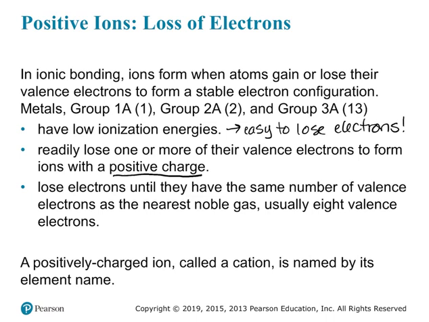Now, some metals can actually lose more than one electron, so we'll talk about that later as well. Now, metals are going to lose enough electrons in order to have the same number of valence electrons as the nearest noble gas. So that's usually 8 electrons, although remember, helium has only 2 electrons. So that's our exception.